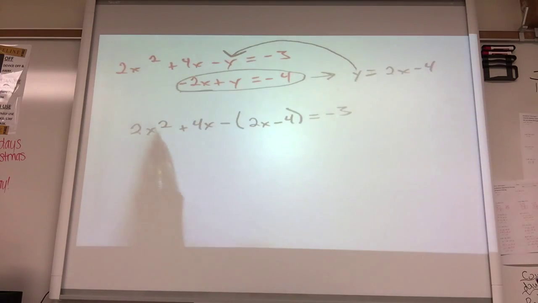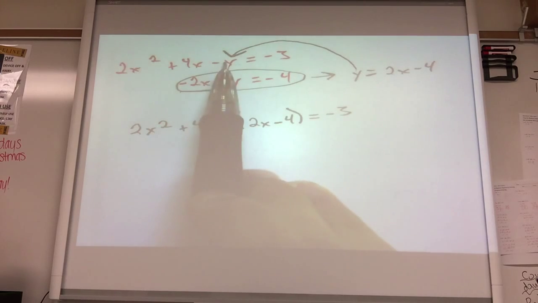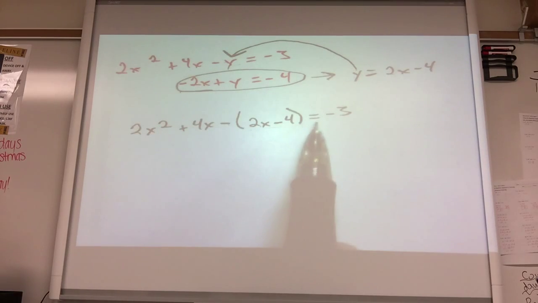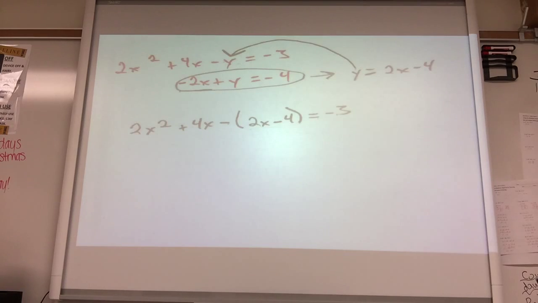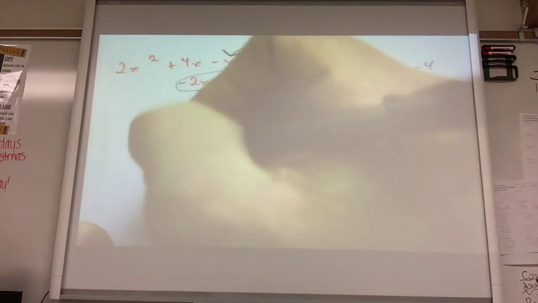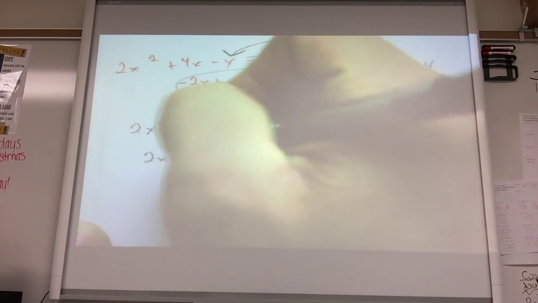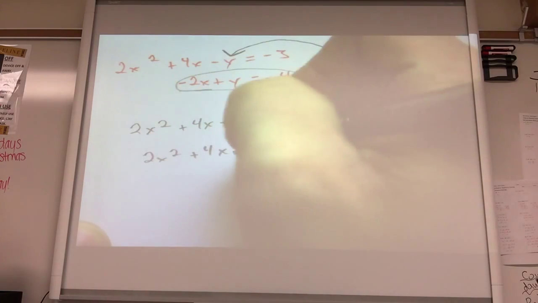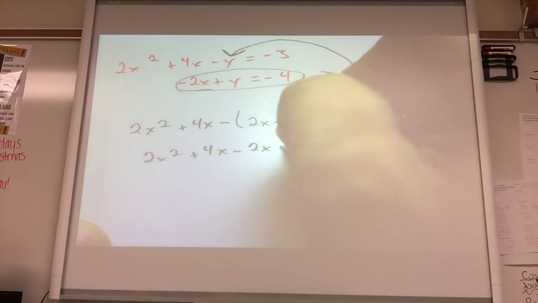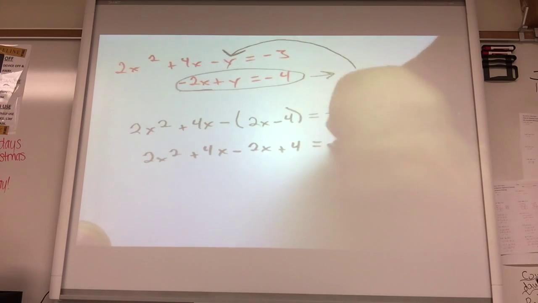So I have 2x squared plus 4x minus y, so minus, there's y, equals negative 3. And then I'm just going to solve it from here. So I have 2x squared plus 4x minus 2x plus 4 equals negative 3.